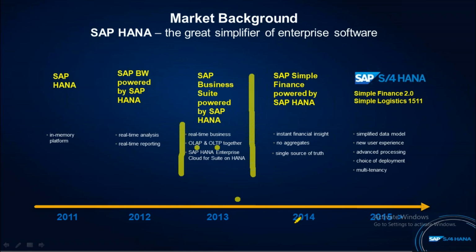So business suite powered by HANA is the SOH, the suite on HANA. So this is where you'll be able to see that if I'm having a BW cube with the BW on HANA, right, those aggregation functionalities are offered with HANA. However, this is applicable for small, medium business.